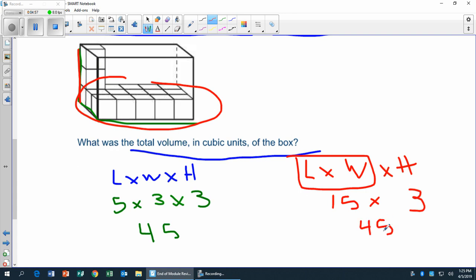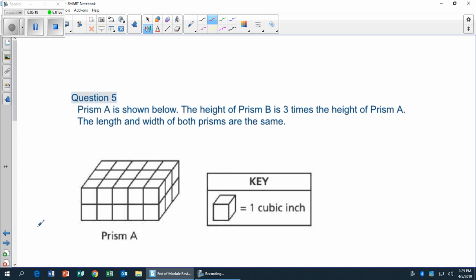Either way that would work, but I also need to make sure that I have cubic units. So we could do units to the third. And over here we can write units to the third because they're cubic units. Next, we have question 5. Talking about prism A is what's here.